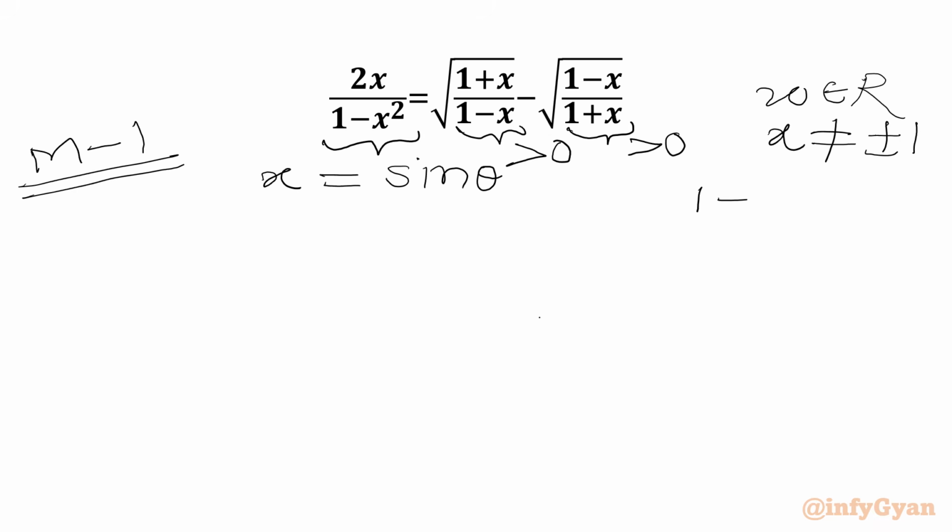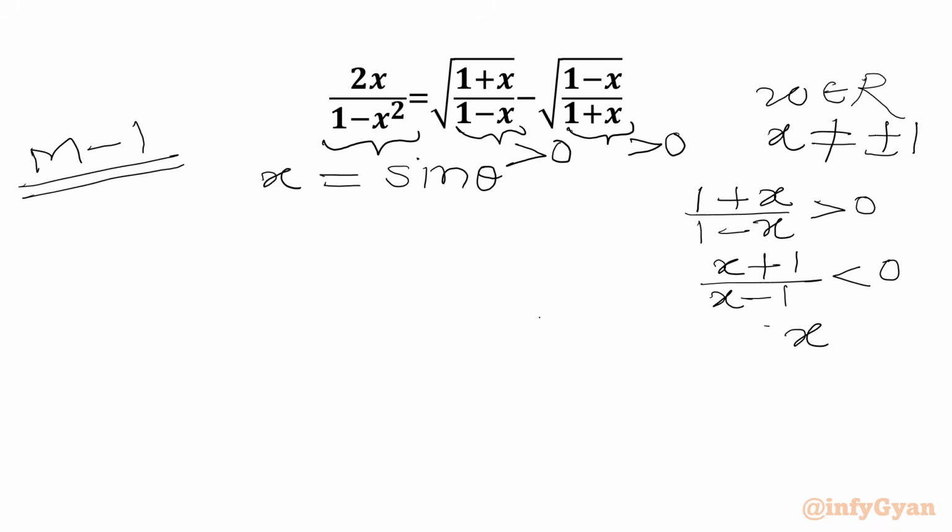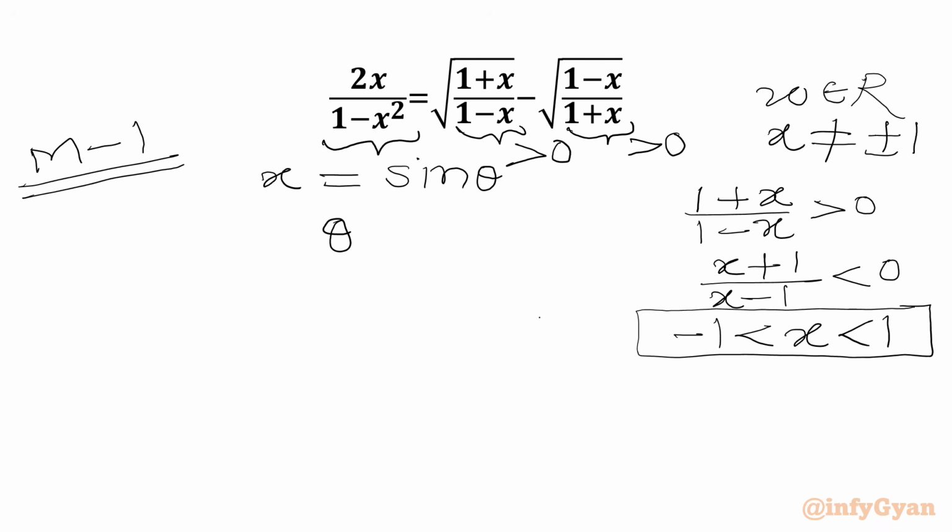So we can write 1 plus x over 1 minus x must be positive, or x plus 1 over x minus 1 must be negative. So x should be in the interval minus 1 to 1. Once x is in the interval minus 1 to 1, theta must be in the interval minus pi by 2 to pi by 2.